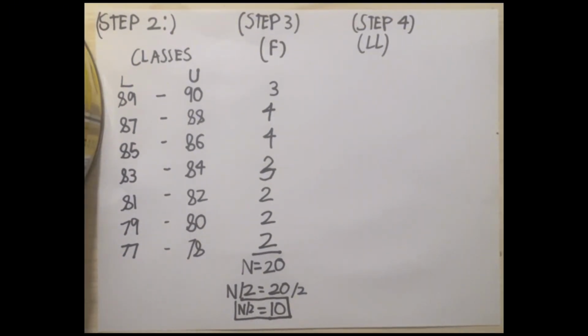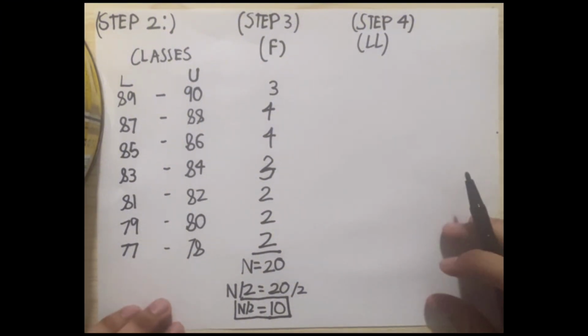Step 4. We'll now get the lower limits and put it right next to the frequency column. In order to get the lower limits, it is necessary to take the values of the lower classes and subtract 0.5 to each one in order to gain the exact lower limits.